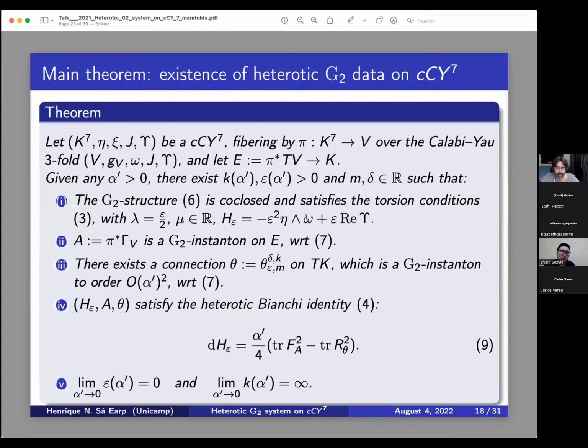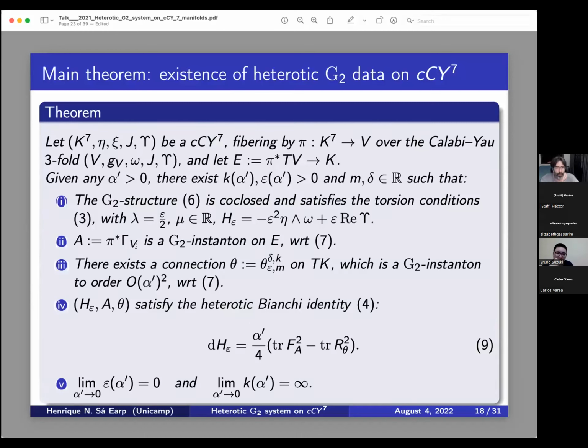If you're given such a contact Calabi-Yau manifold, then given any string length, so given any alpha prime as small as you choose, there exist constants such that the G2 structure I just told you is co-closed, it satisfies the torsion conditions, and indeed realizes the geometric fields from its various constituent elements.